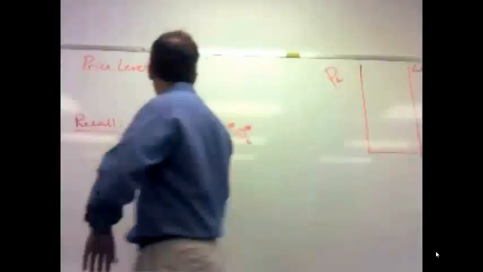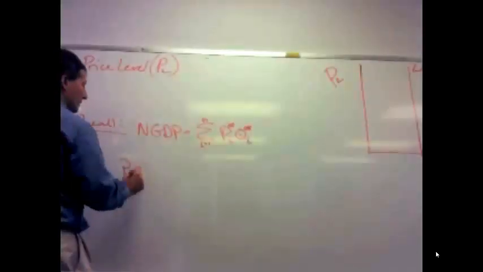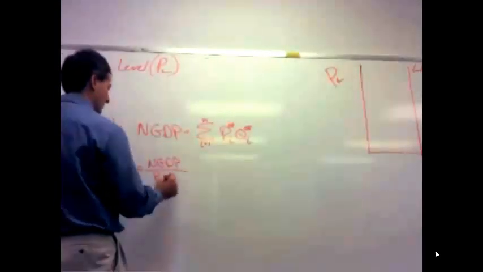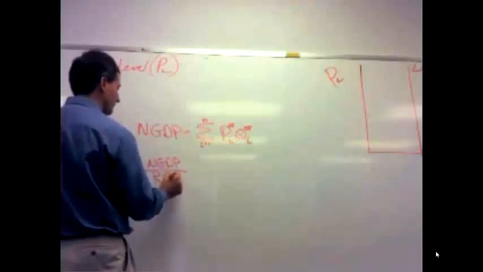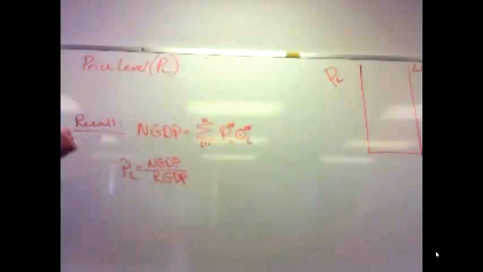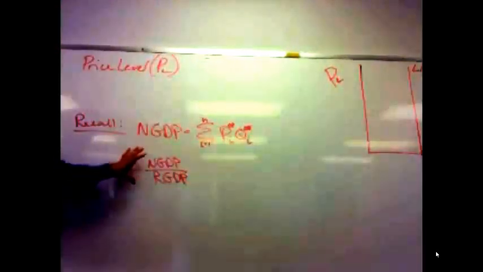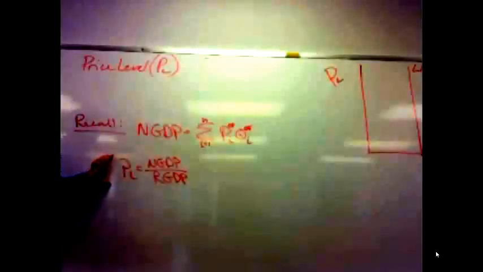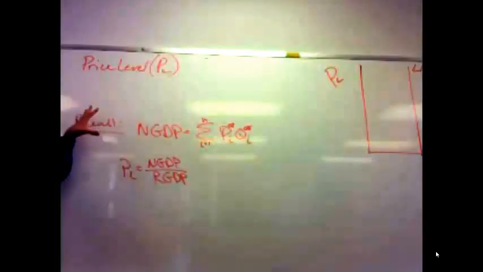And as Jake pointed out, the price level was calculated by taking the ratio of nominal GDP divided by real GDP in a given year. So it's an index number, and in the base year, it's equal to 100. Nominal GDP equals real GDP. So we just arbitrarily pick a year to base all of our calculations from.